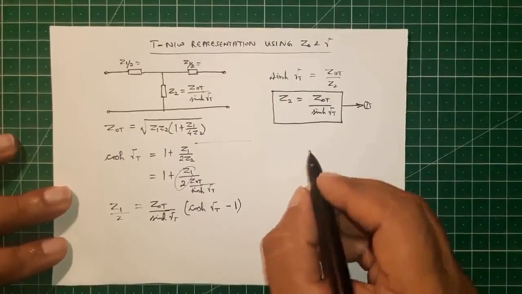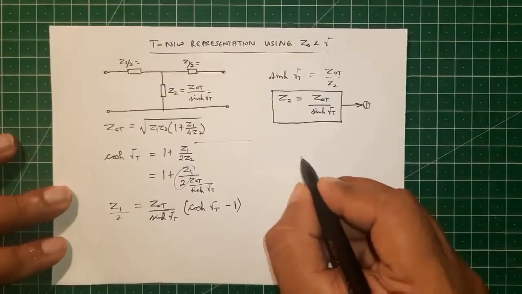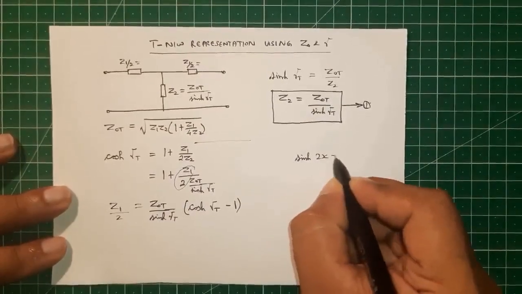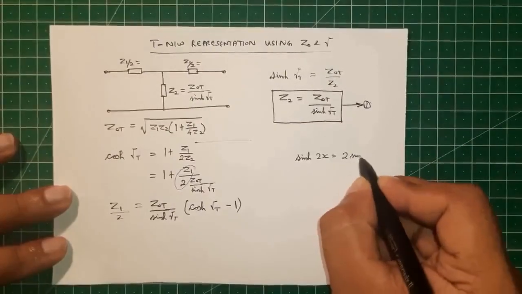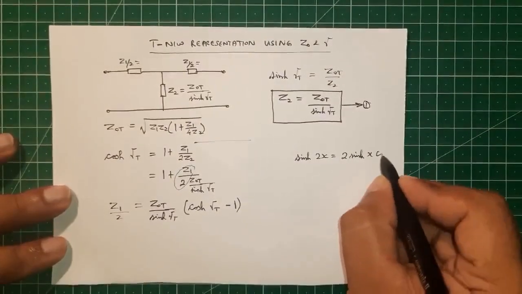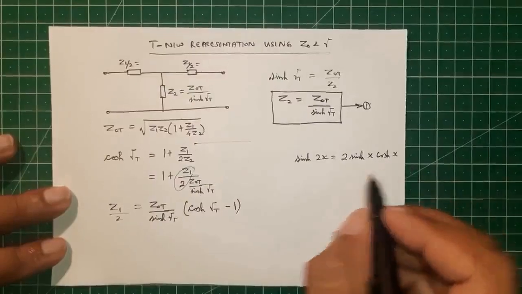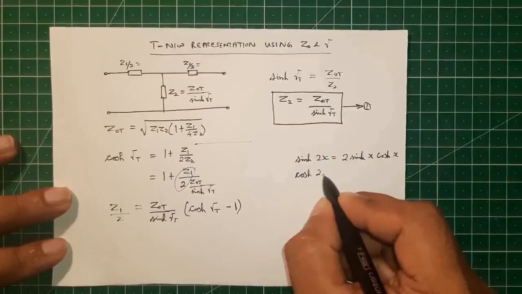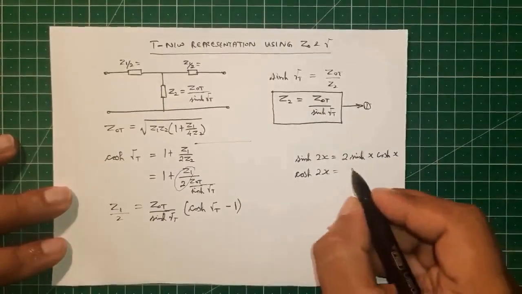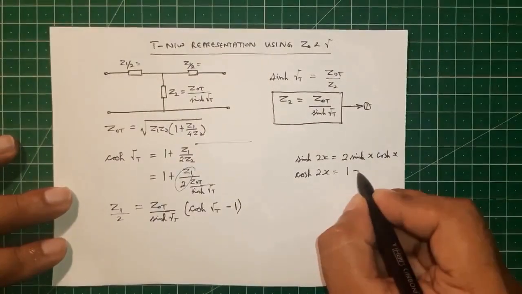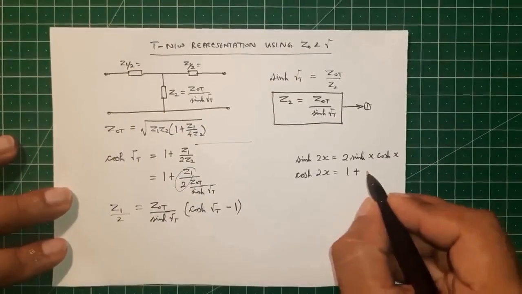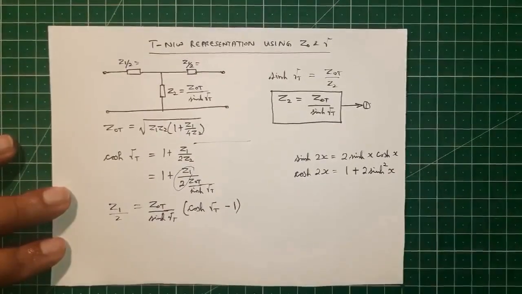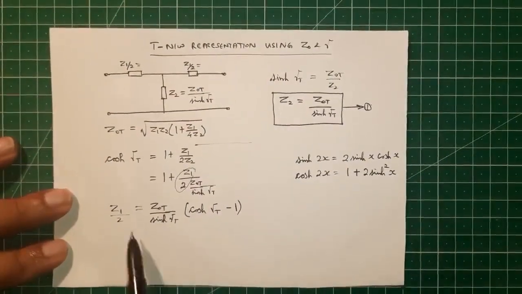Also we need two hyperbolic relationships. One is sinh 2x is equal to 2 sinh x cosh x. Another relationship is cosh of 2x is equal to 1 plus 2 sinh square x. So we'll apply these in this equation.